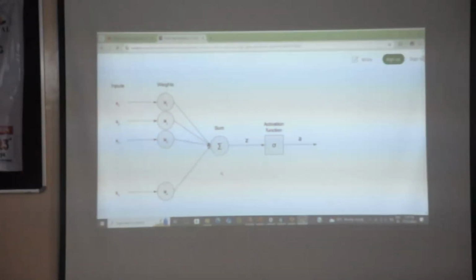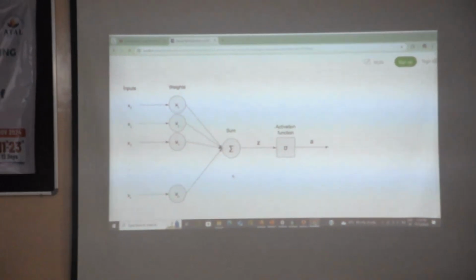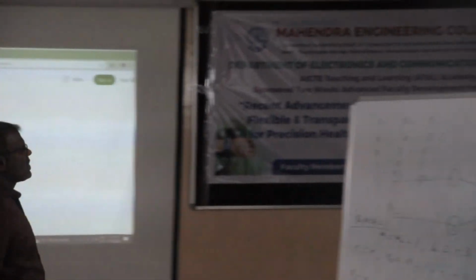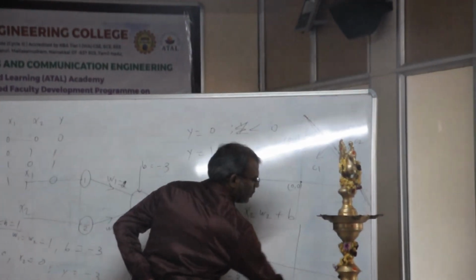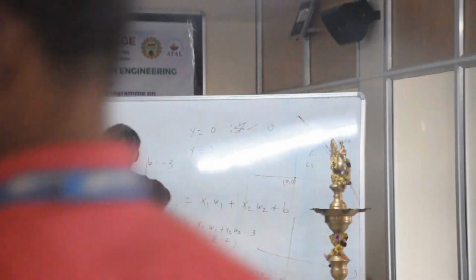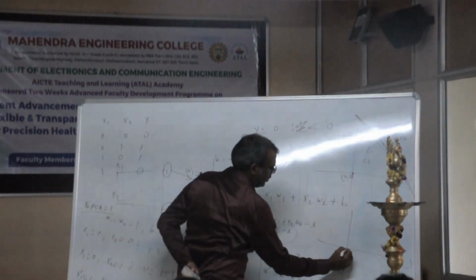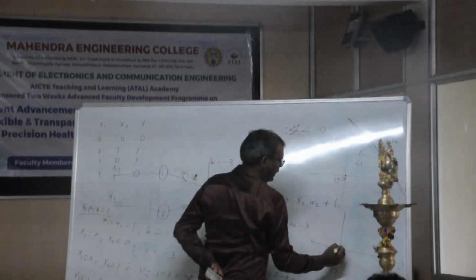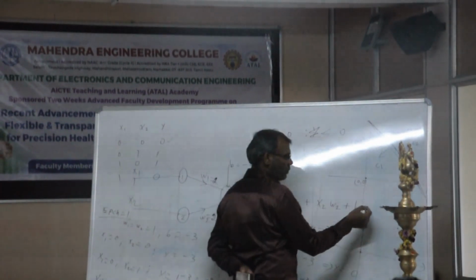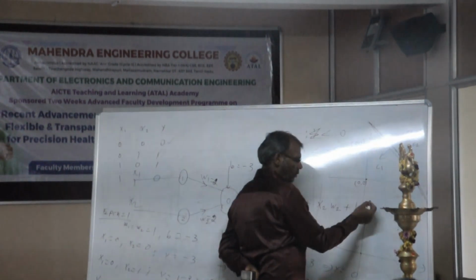Once again you can plot the results. From 0, 0, what is the result? 0, right? Then 0, 1 is 0. Is it possible to classify this by using any linear line?